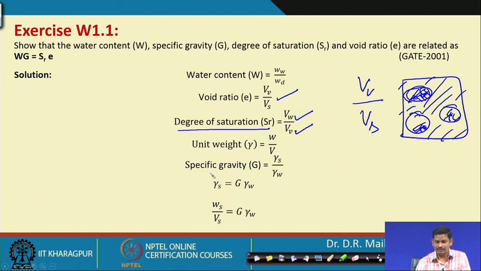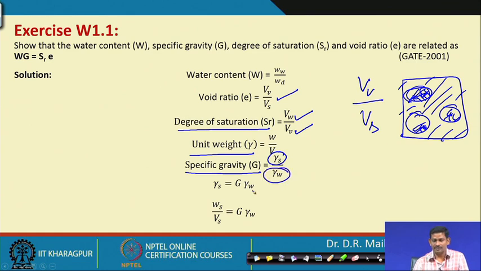That means out of total voids, how much volume is occupied by water. And unit weight, which is gamma, is weight by volume. Unit weight you can also call the density. So density is weight by volume, and specific gravity G is the unit weight of the solid divided by unit weight of water.